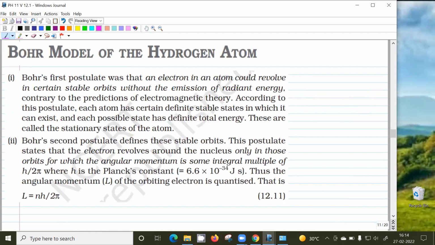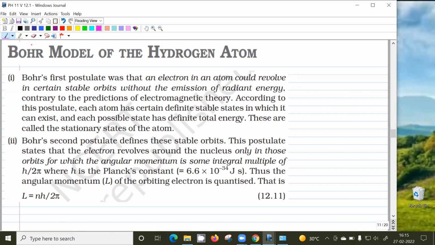Okay, so the Rutherford model cannot explain why the electron is stable, and also why the spectrum of that radiation has discrete lines. Those two things the Rutherford model cannot explain. So that's where the Bohr model came into place. The Bohr model is based on some postulates, some assumptions, but the assumptions have to be justified in some sense, because anyone can make assumptions, but they should be reasonable and should explain the observations.